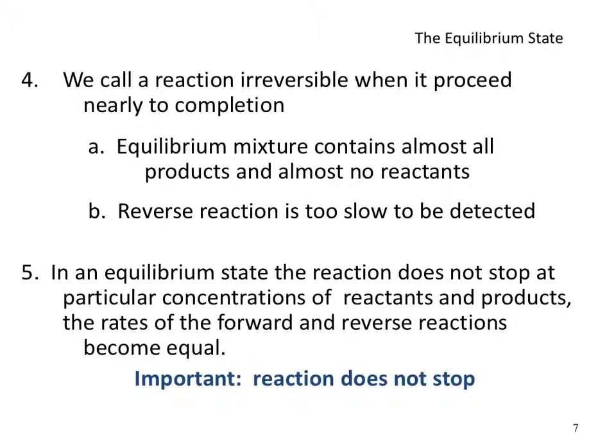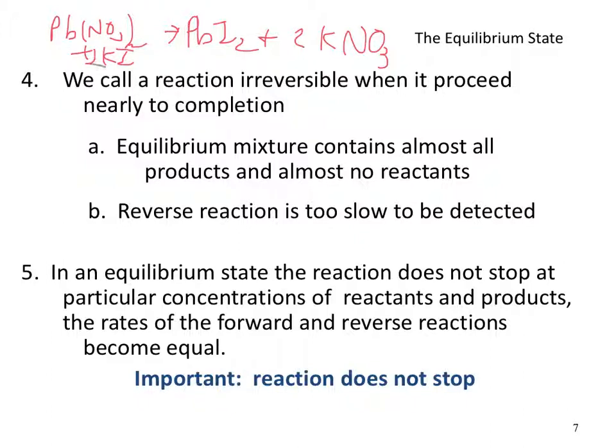Now, for all practical purposes, the example I gave you a couple minutes ago, where we were forming lead iodide and KNO3 from Pb(NO3)2 and KI, we call those kinds of reactions somewhat irreversible, because at the end of the day, as you're ready to isolate your product, the equilibrium mixture contains almost all products and no reactants.